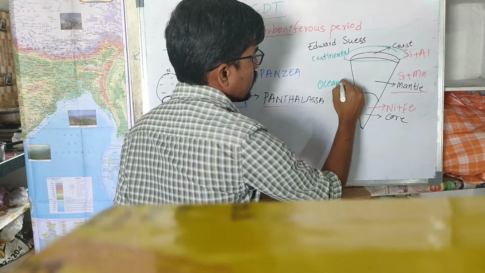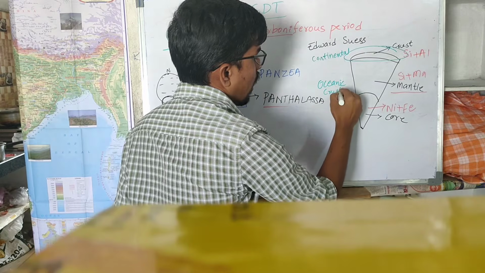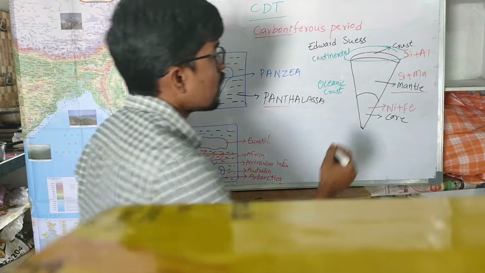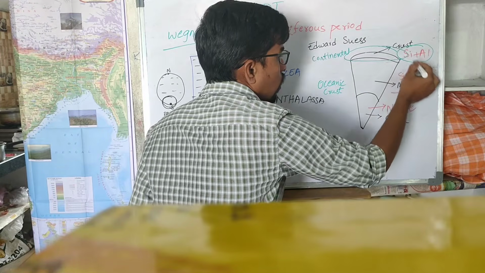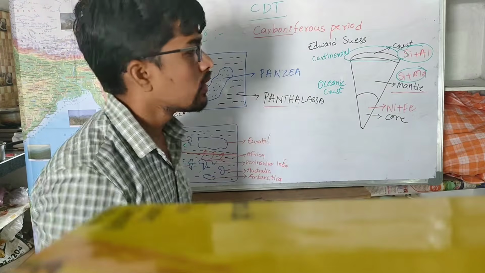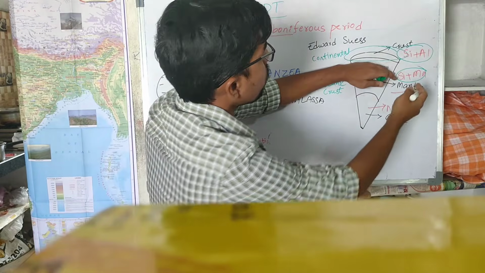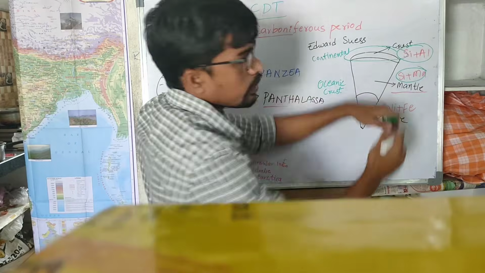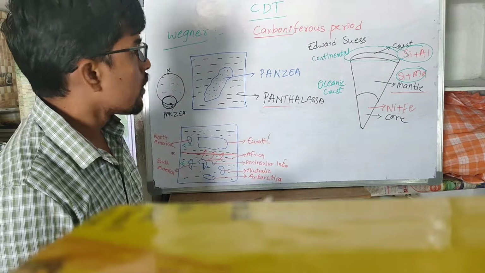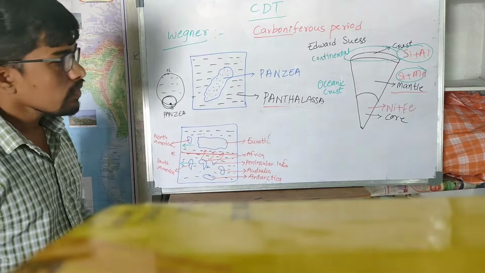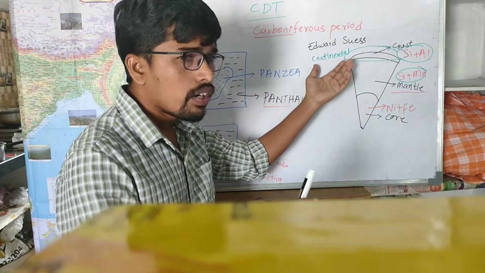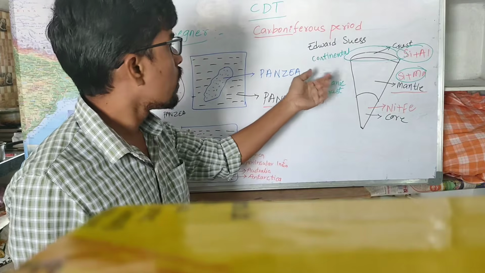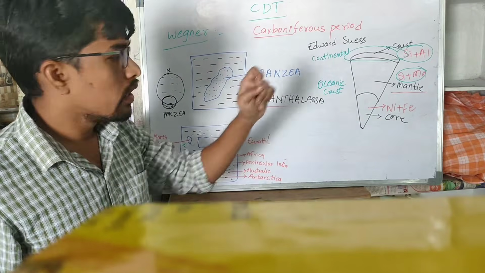Wagner says this is the most important phenomenon: sial is always floating on the sima. That means the continents are always floating on the oceans. This was the phenomenon which is based on Edward Suess.